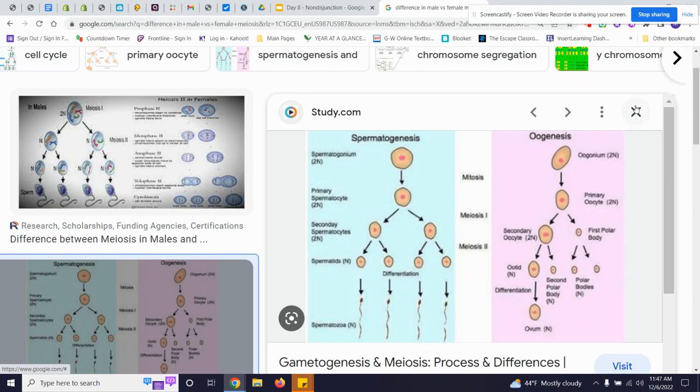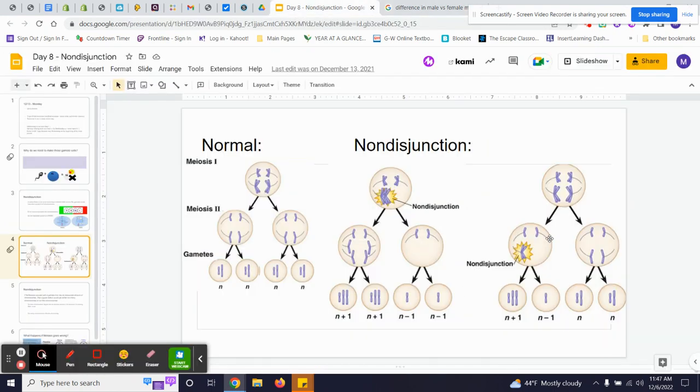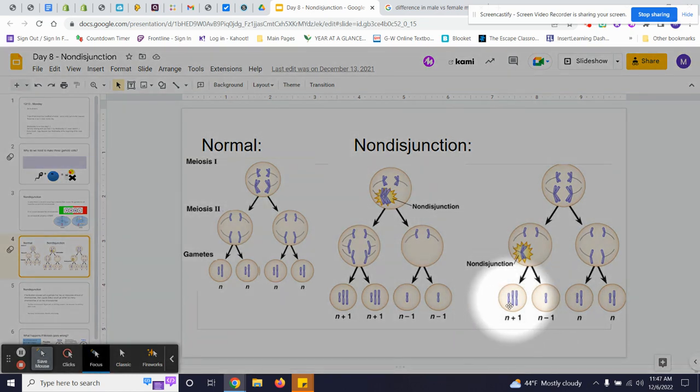So when you go back to thinking about non-disjunction for females, if the egg was the last one, the one that had 3 chromosomes, and it was the only egg that survived, then 100% the baby's going to have a genetic abnormality.